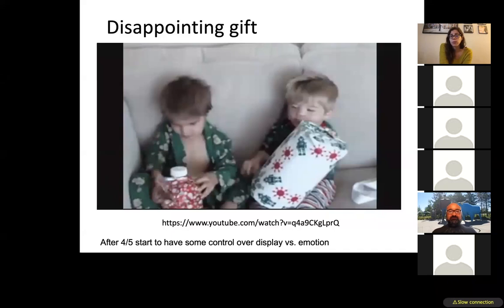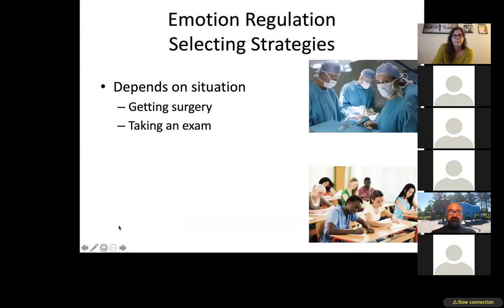But if it was someone outside of the immediate family, maybe the older kid would feel more inclined to say, oh, thank you, instead of acting like what they were actually feeling, like actually upset.